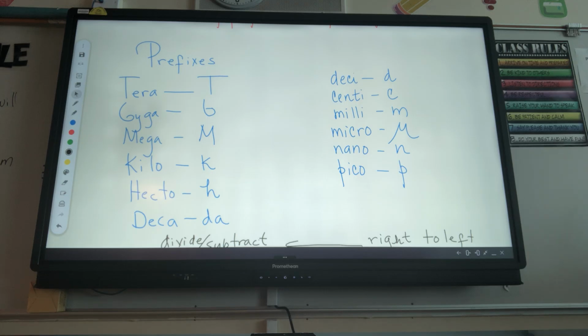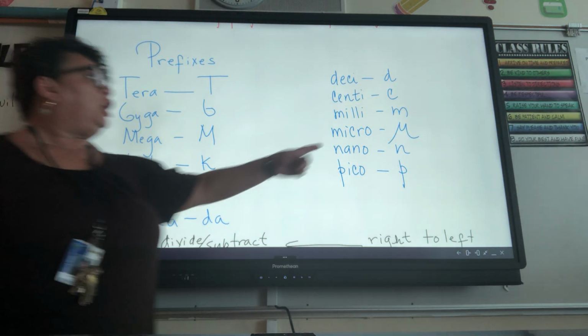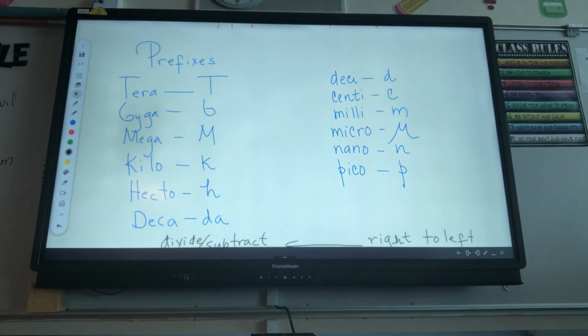So a T, the upper T, tera, upper G for giga. Just let me know when you finish. That's not a U, that's a mu, a Greek letter. It looks like a U, but that is for micro. Micro.